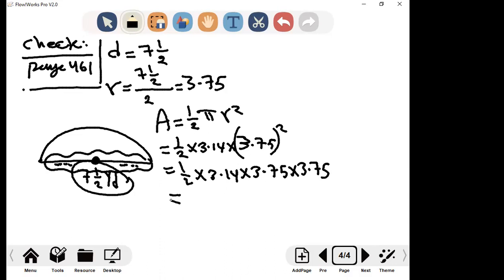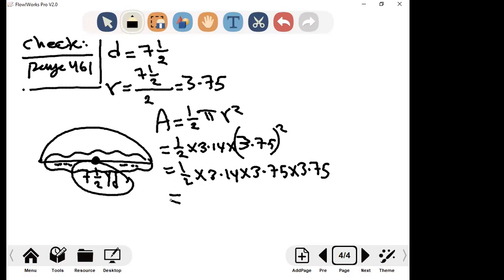This is equal half multiply 3.14 multiply 3.75 multiply 3.75.